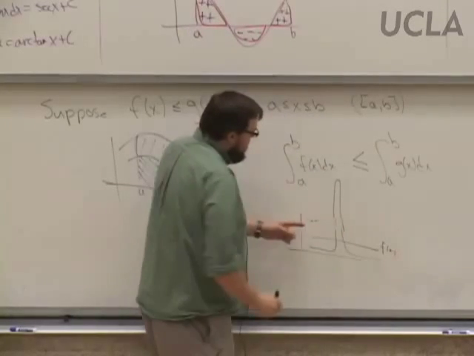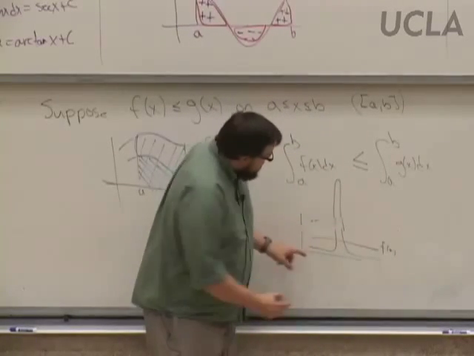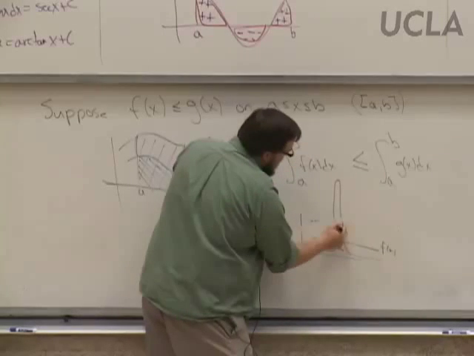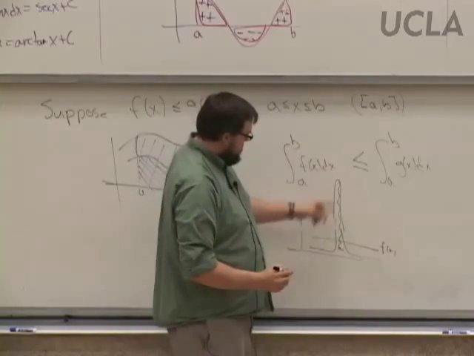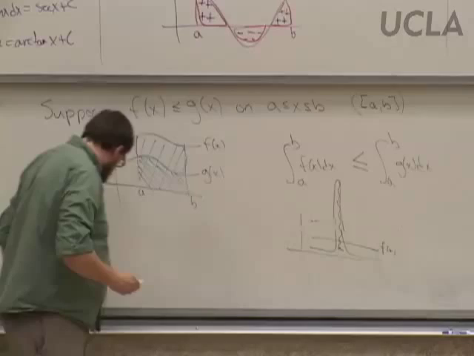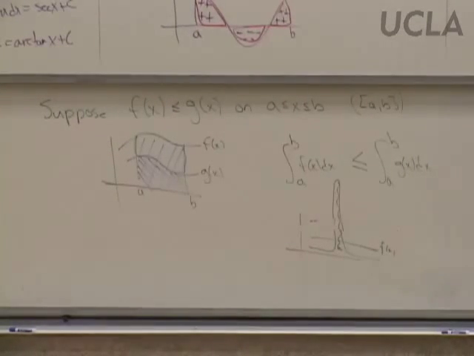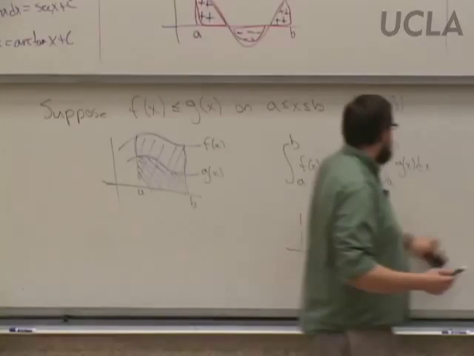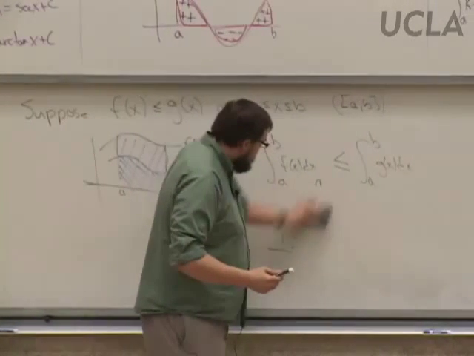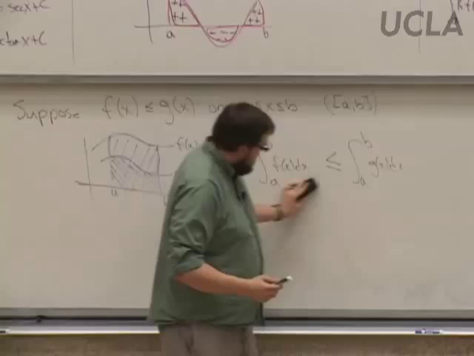The area underneath the curve f of x is pretty small, and under the curve g of x I actually get a lot of excess up here. Not the prettiest picture, but just be careful. As one of your TAs says, A implies B is not the same as B implies A.